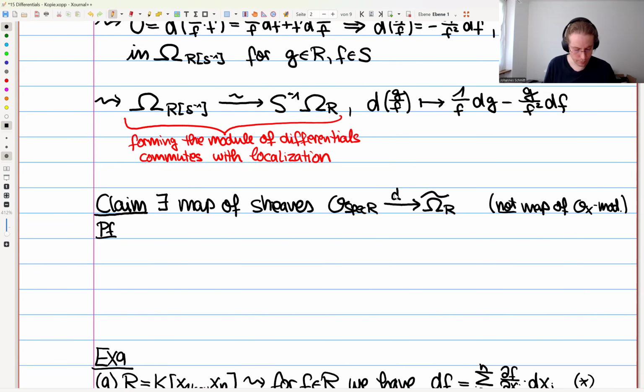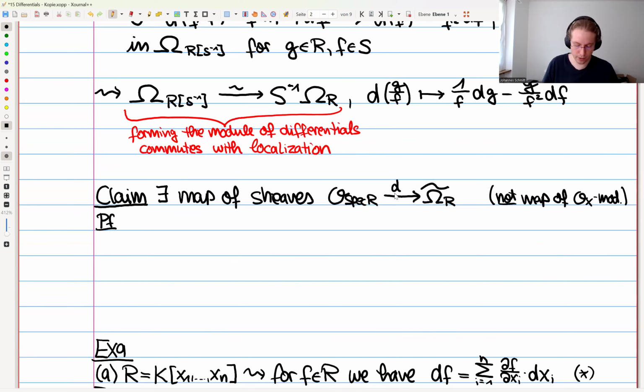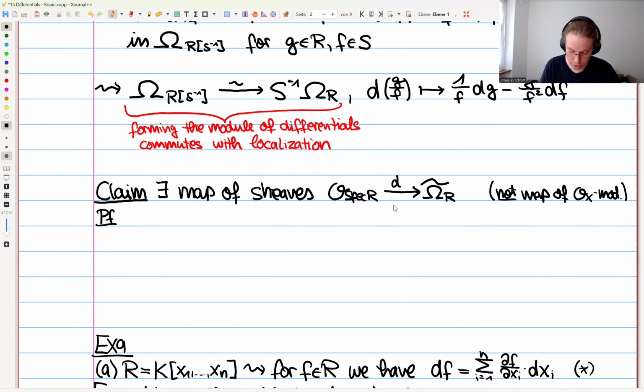And the proof is just very short. So how do you go from a function to an element of this tilde thing?